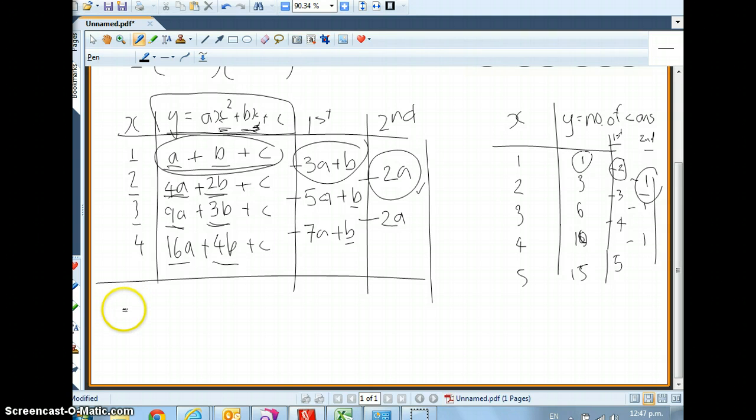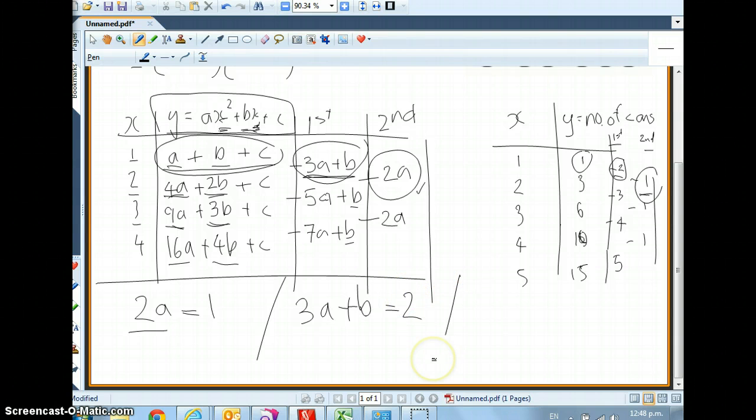Are you okay if I write down there? Can you see? 2a is equal to the second difference, which is 1. So you have to remember 2a is equal to the second difference. The second thing you have to remember is 3a plus b must equal the first difference, 2.